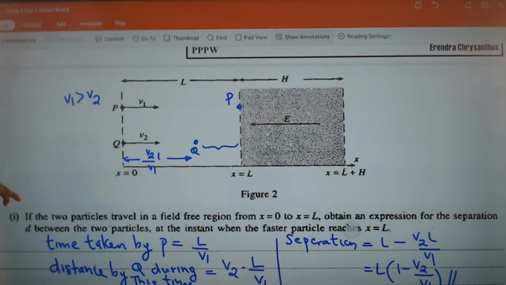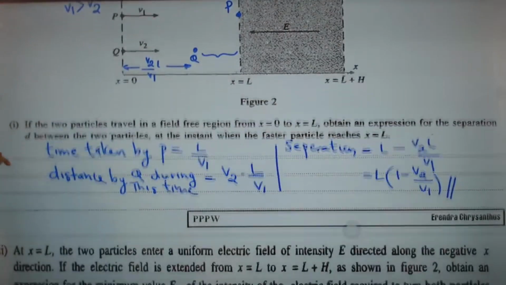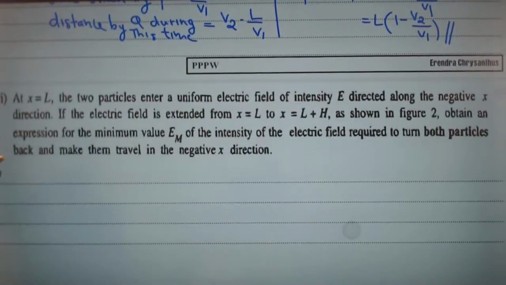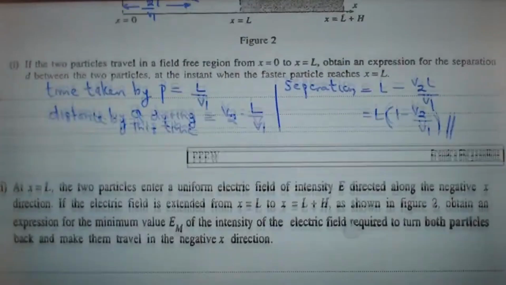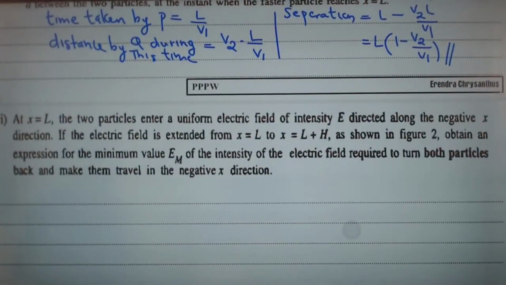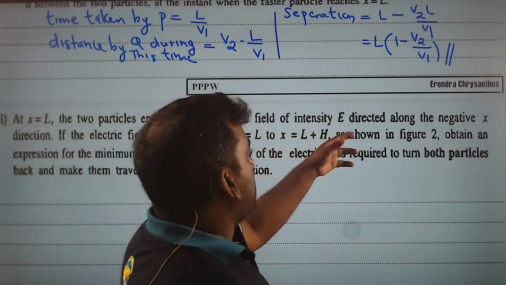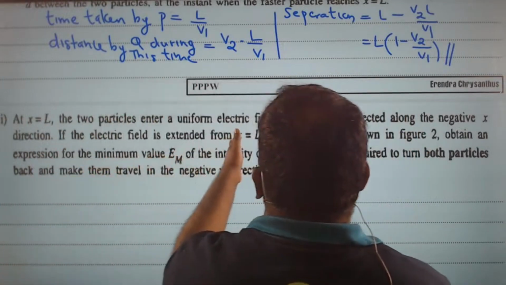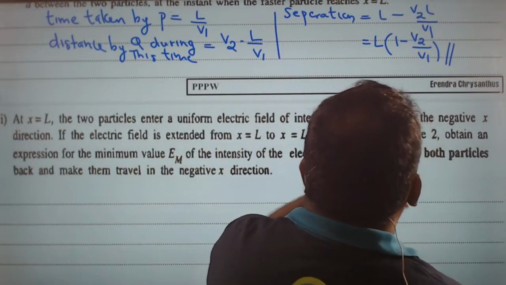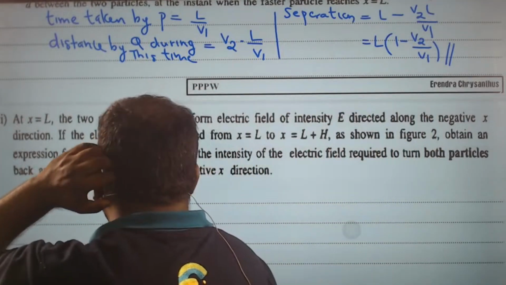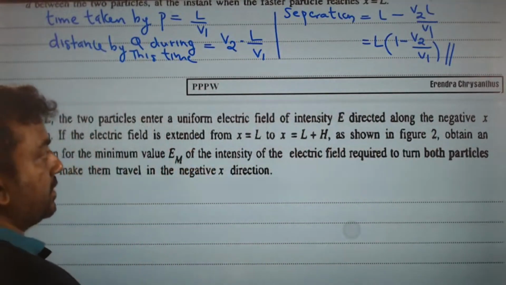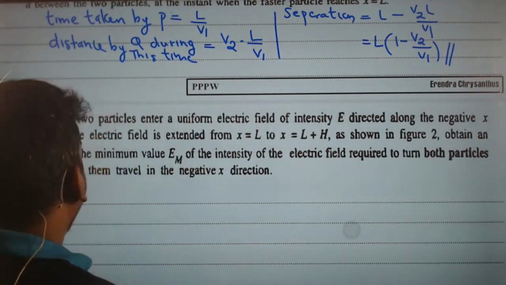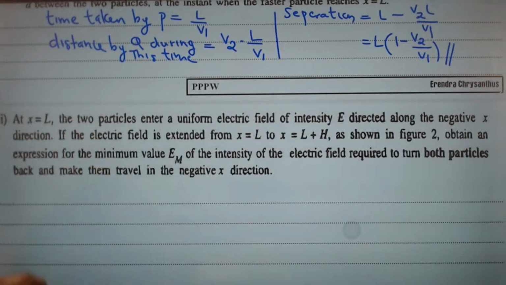What else? At x equal L, two particles enter the uniform electric field E directed along the negative direction. If the electric field is extended from L to L plus h, obtain an expression for the minimum intensity of the electric field required to turn both particles back and make them travel in the negative x direction.